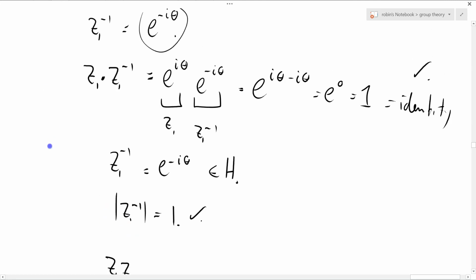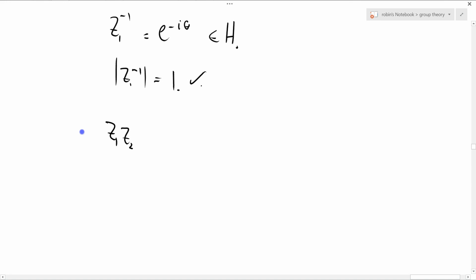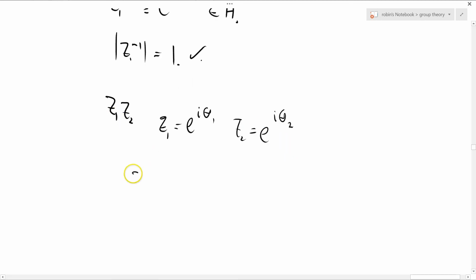We've got to check that the product of two members of H is also a member of the subgroup. Well, we can say that Z1 equals e to the i theta 1 and Z2 equals e to the i theta 2. So Z1 Z2 equals e to the i theta 1 times, with regular complex multiplication, e to the i theta 2, which equals e to the i (theta 1 plus theta 2).